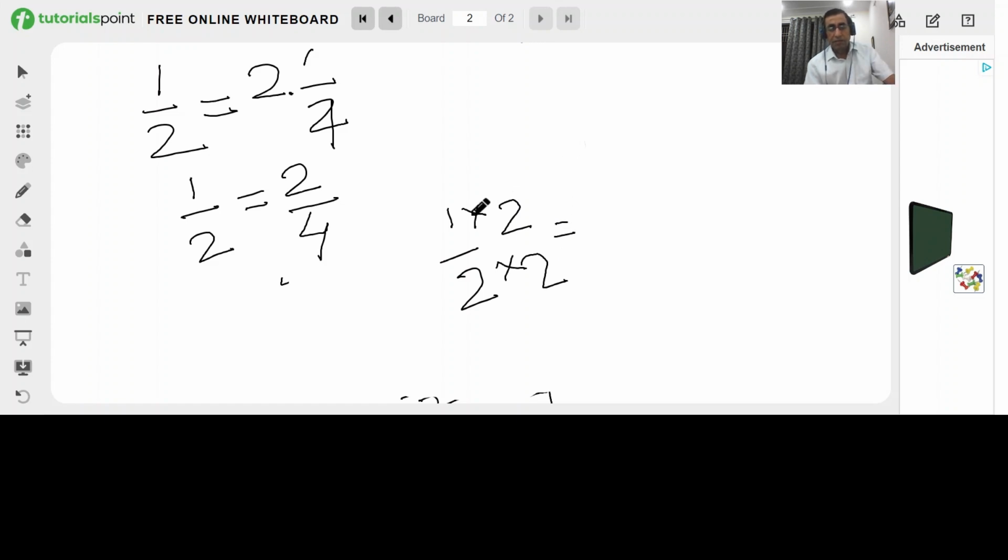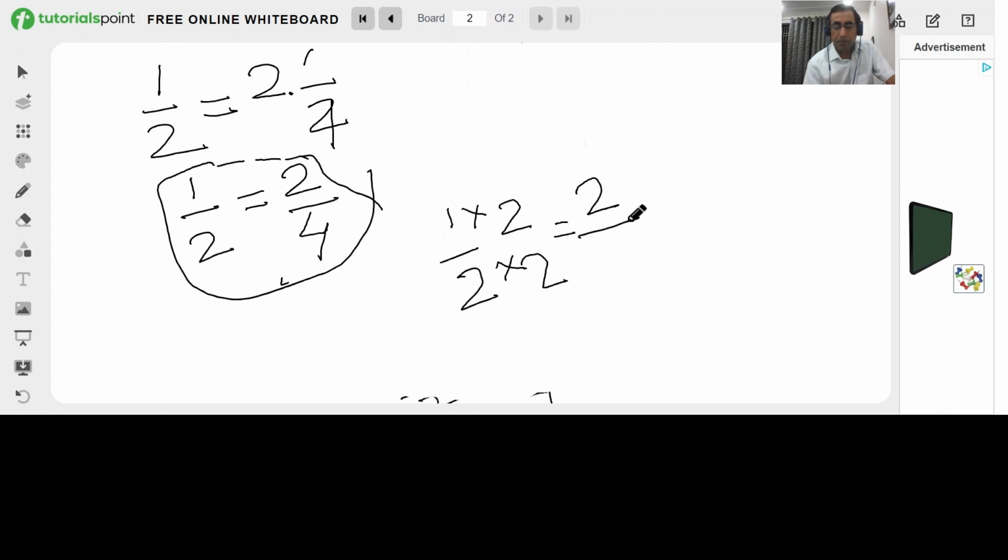If we do that mathematically, the value is not going to be changed.